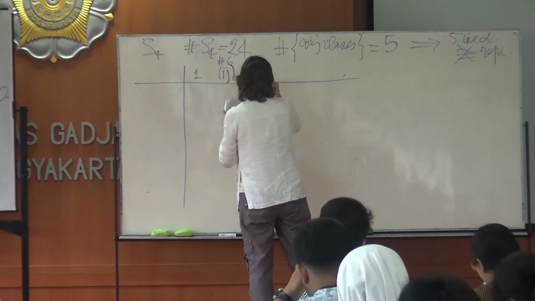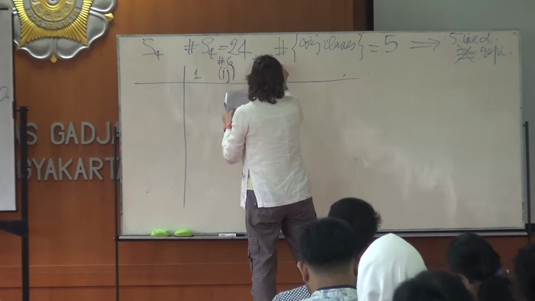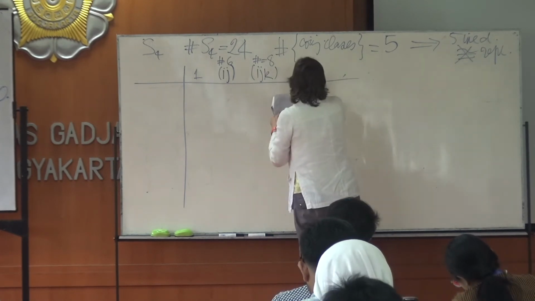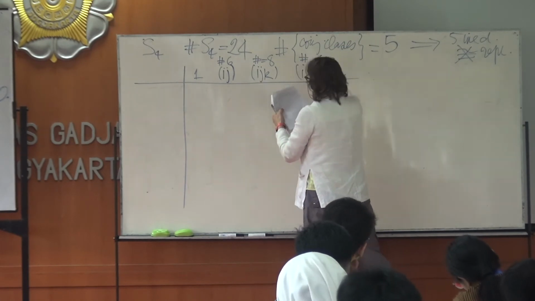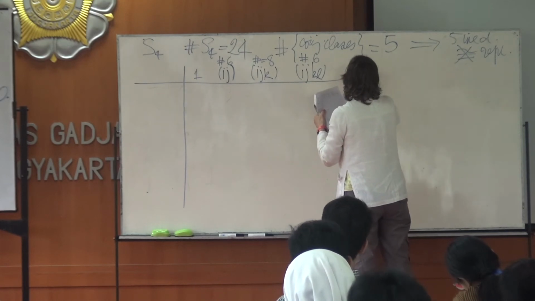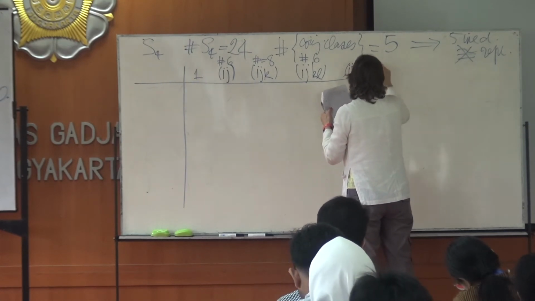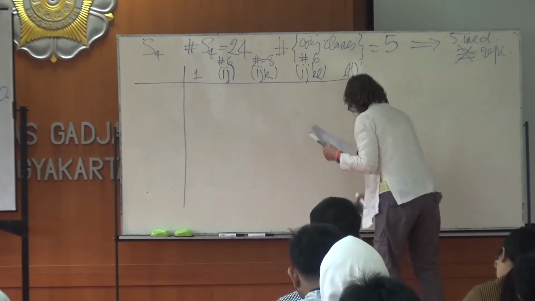Then we have 3 cycles, I, J, K, a class of cardinality 8. Then we have the 4 cycles, I, J, K, L, cardinality 6. And then we have the double transpositions, I, J, K, L, and these are 3.